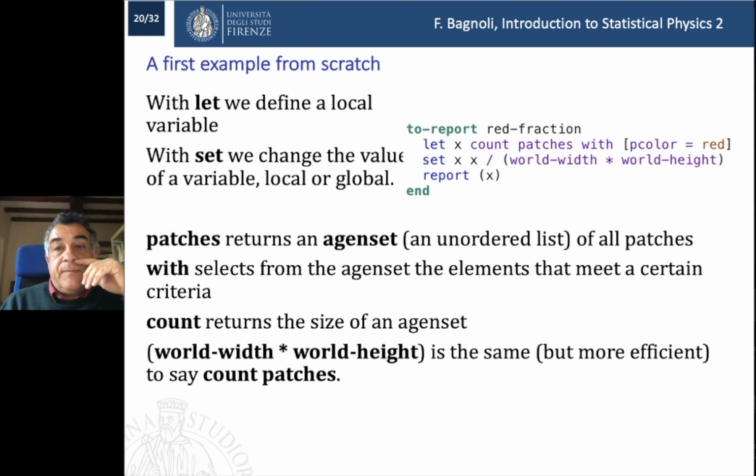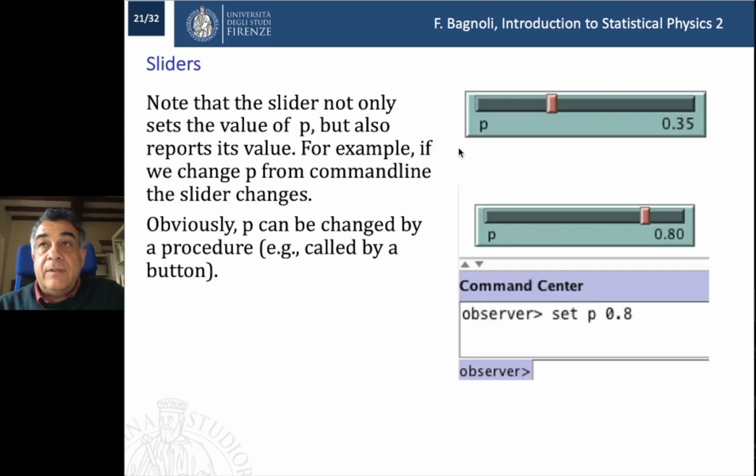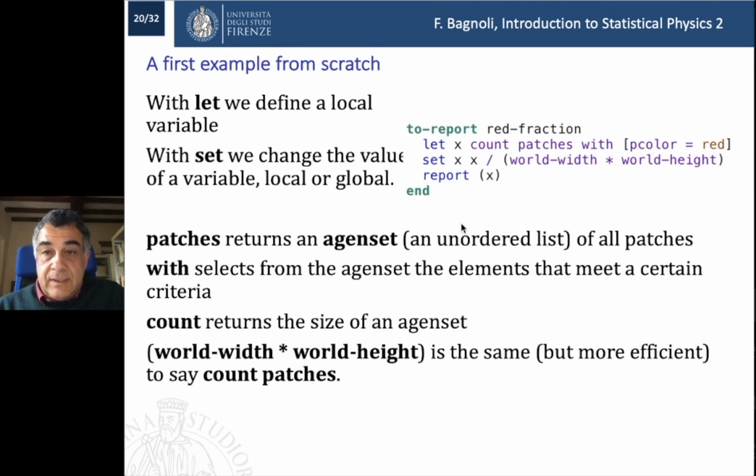And if I want to define a local variable, I can give them the value with let. And notice that again, the equal is the test for equality and not the assignment. Assignment is done with let and set. Set assigns a value to a variable, to a global variable, or a variable that is already defined with let.